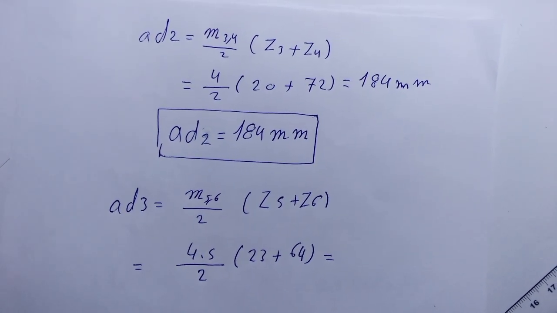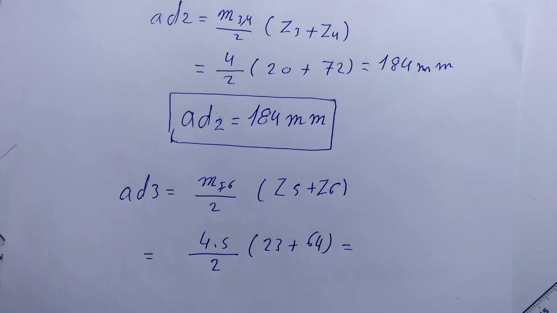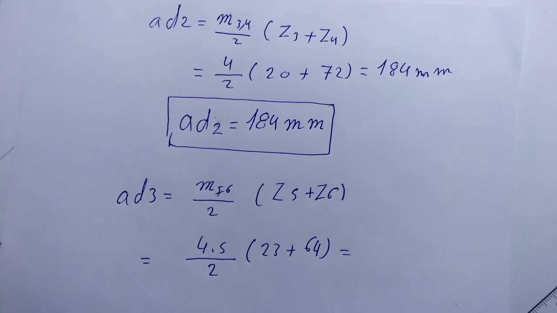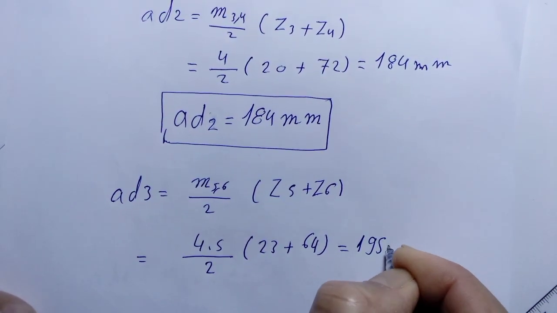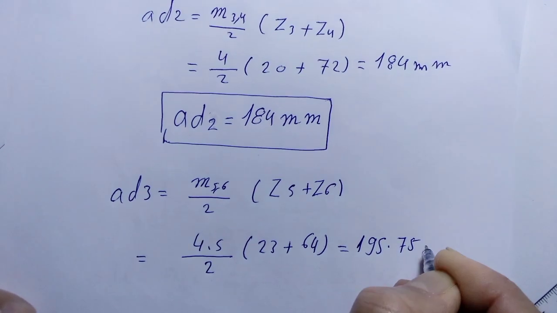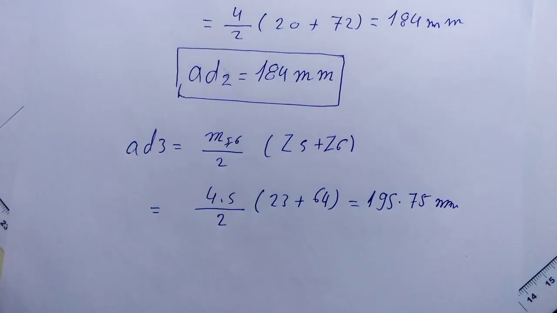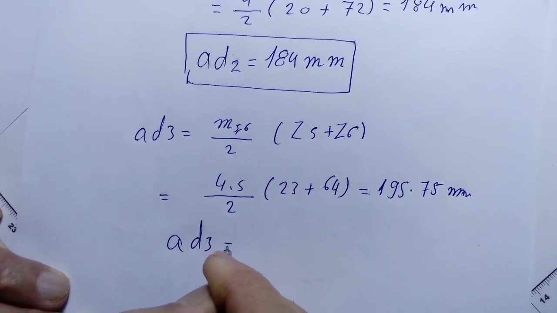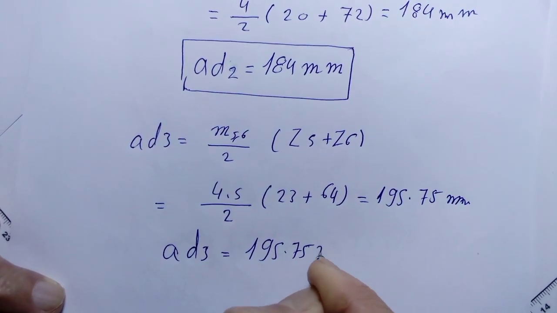Okay, so 23 plus 64 multiplied by 4.5 divided by 2 is equal to 195.75 millimeters. So AD3 is equal to 195.75 millimeters.